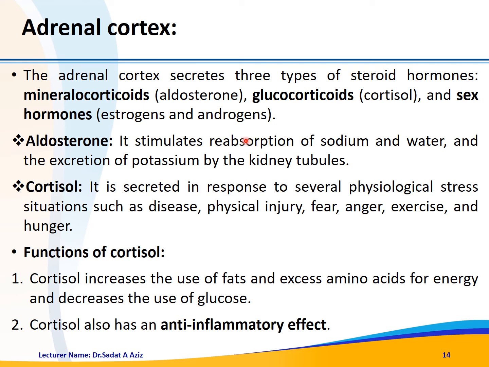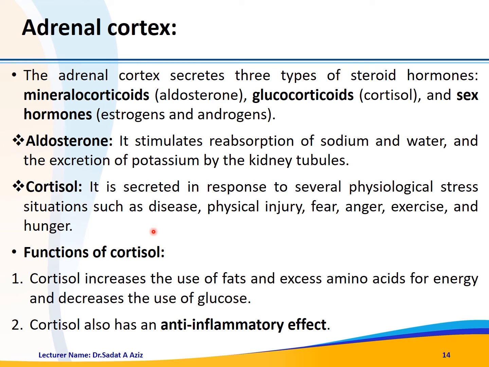It is secreted in response to several physiological stress situations such as disease, physical injury, fear, anger, exercise, and hunger. All of these stress situations can induce the adrenal cortex to produce what?